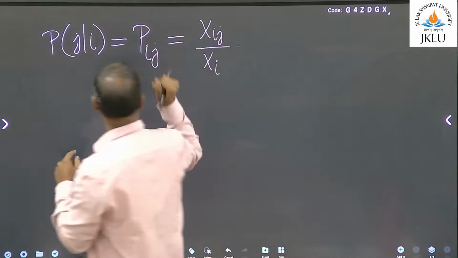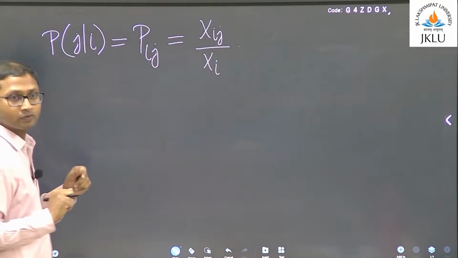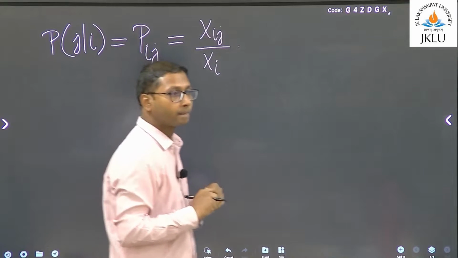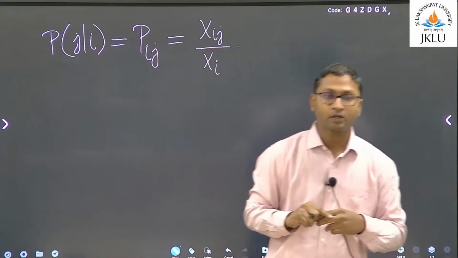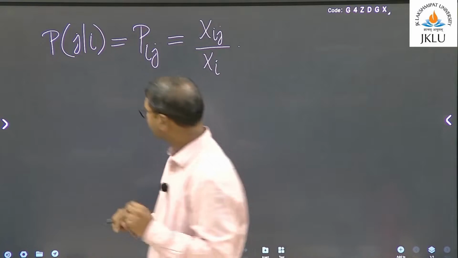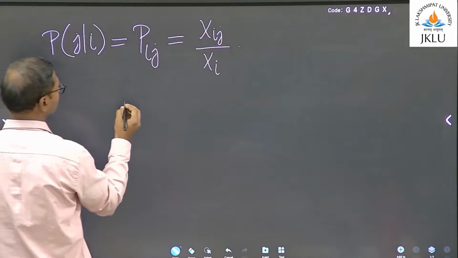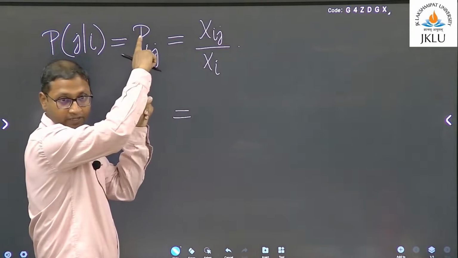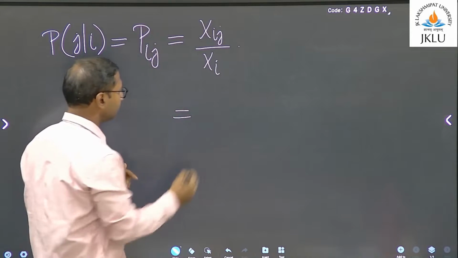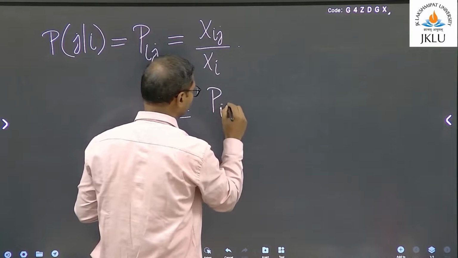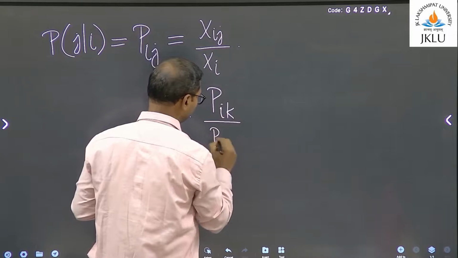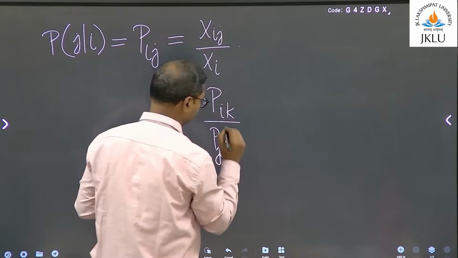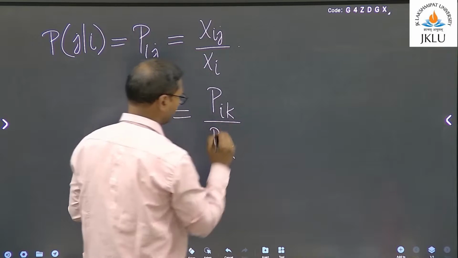So instead of Pij, we are using the ratio. What is it that we were using? We said from that table that we had, with ice, steam and everything, we have Pik divided by Pjk.